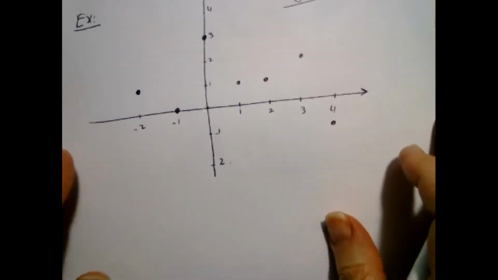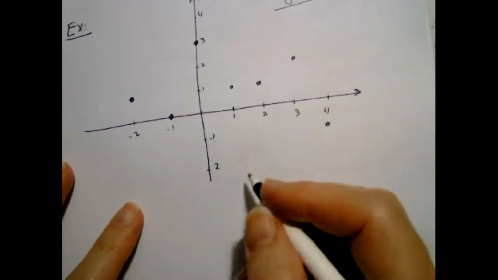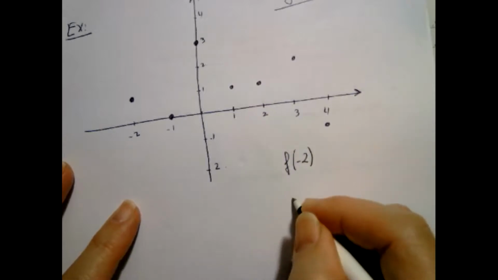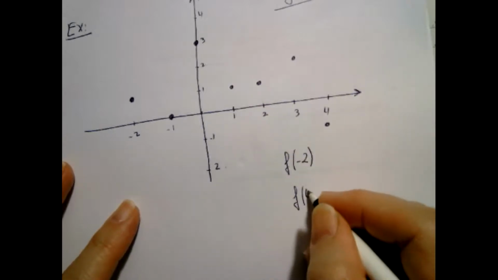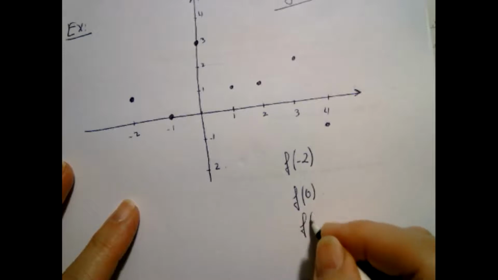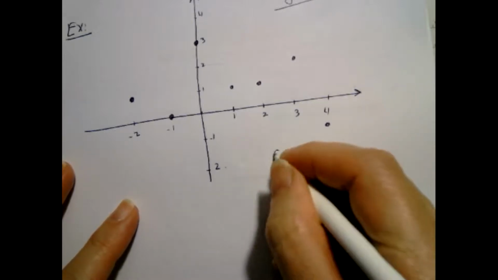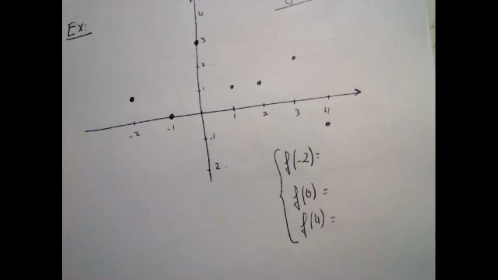Now, question. According to this picture, I want you to find f of -2, f of 0, and f of 4. I'm telling you, this is the graph. What is f of minus 2?